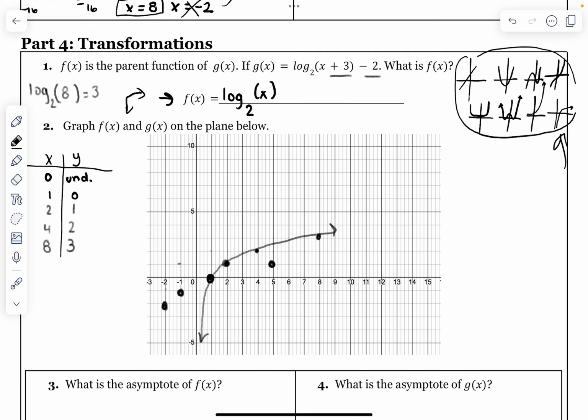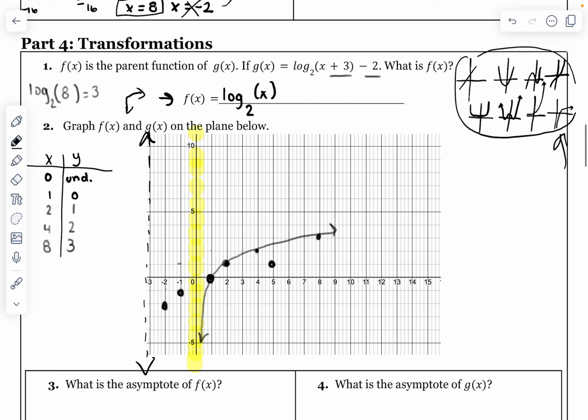And if the original parent function had an asymptote right here at x equals 0, then the asymptote of the transformed function will actually be x equals -3, because you're moving everything 3 units.